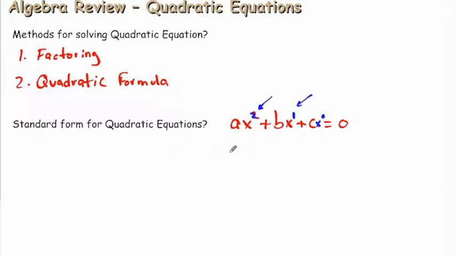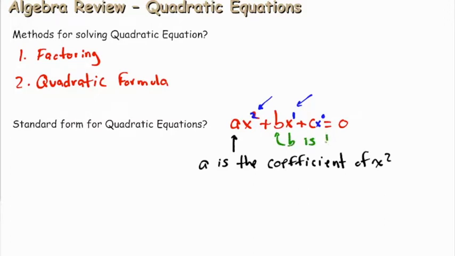So in this expression, we would say that a is the coefficient of the quadratic term. So a is the coefficient of x squared. B is the coefficient of x. That is the linear term.